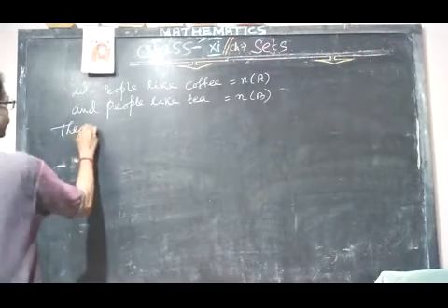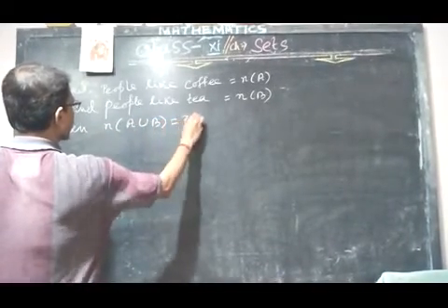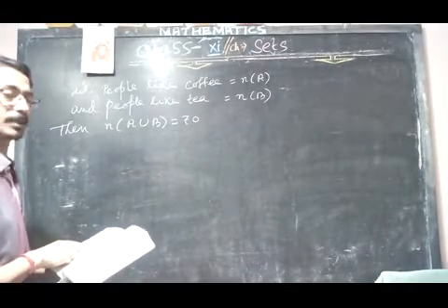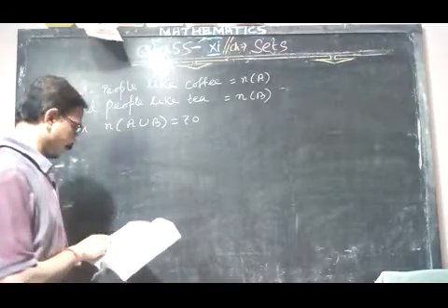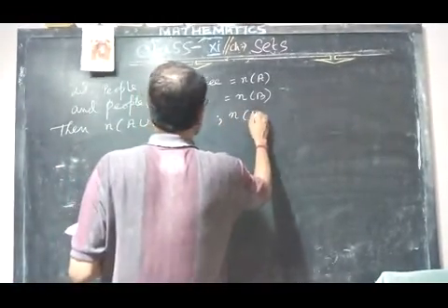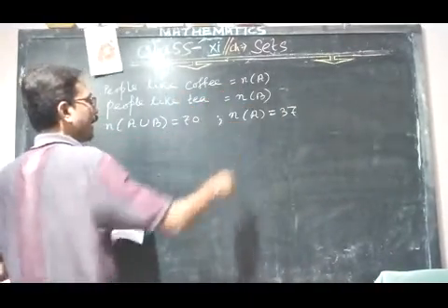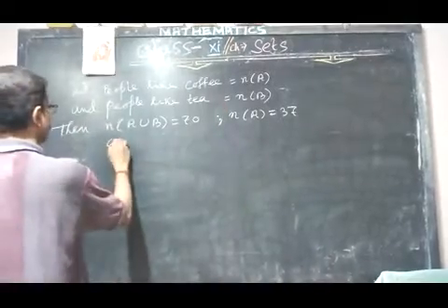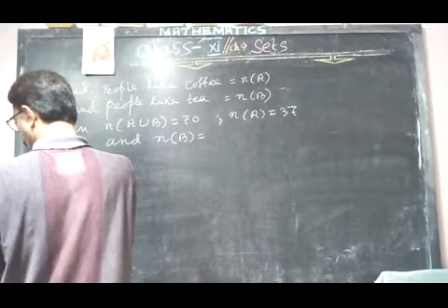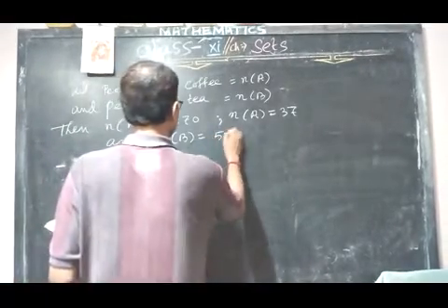Then n(A union B) equals 70, because it is given that in a group of 70 people, that means total number of people is 70. 37 like coffee, that means n(A) equals 37, and n(B) equals the number who like tea, 52.